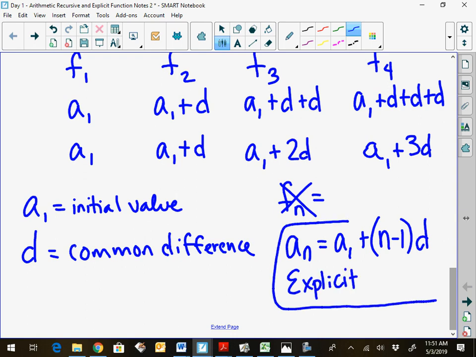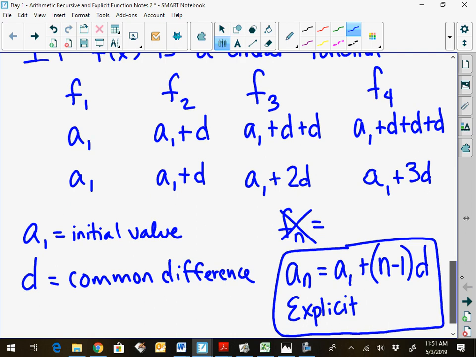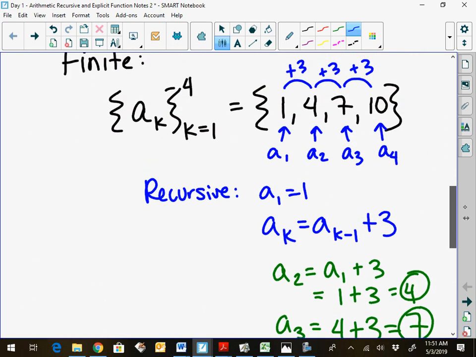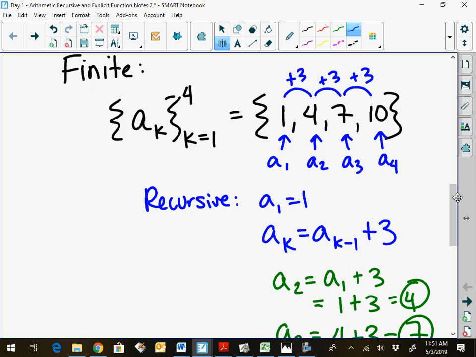for those arithmetic sequences. Okay, so if I want to, I could write the explicit function for this one that we just did. So let's look up here. For this finite set, we have recursive here.